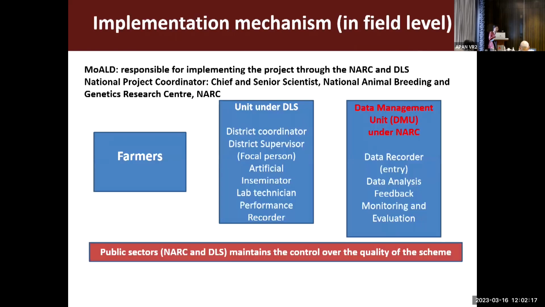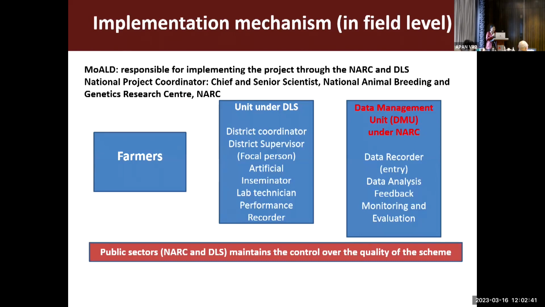In that program, farmers' data was collected by the extension workers and brought to the Nepal Agricultural Research Council, mainly to the National Animal Breeding Center, which has this data management unit. This is the mechanism that worked at that time.